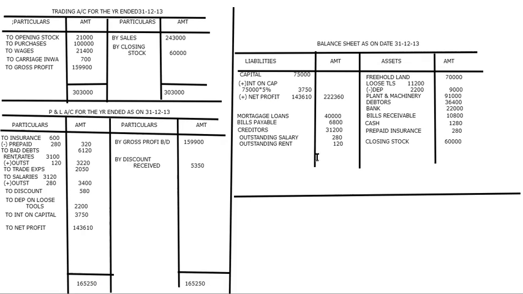I got a total of, I'll see on the other side also, is it getting tallied or not? 79,000, 91,000, 36,400, 22,000, 10,800, 1,280, 280, 60,000.